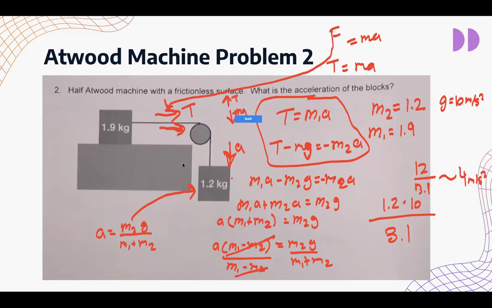Since gravity is negative in this case, you add it with tension. And when you do that, you get T minus mg to sub in for the force, which is equal to ma.